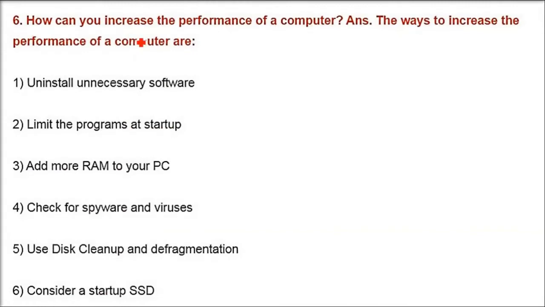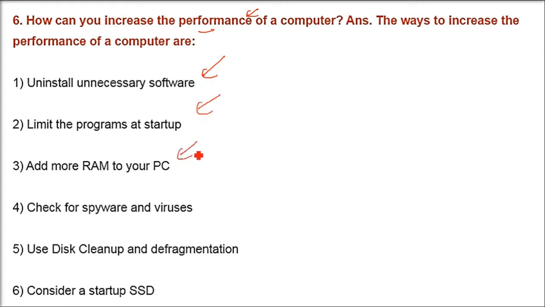How can you increase the performance of a computer? There are so many ways you can increase the performance. Sometimes when your computer has come for the first time, you love that computer because it's running so fast. But after one year, you see it has lost its luster, the charm, because you need to uninstall unnecessary software. You have to limit the programs at startup. There are so many programs at startup, so it takes time.